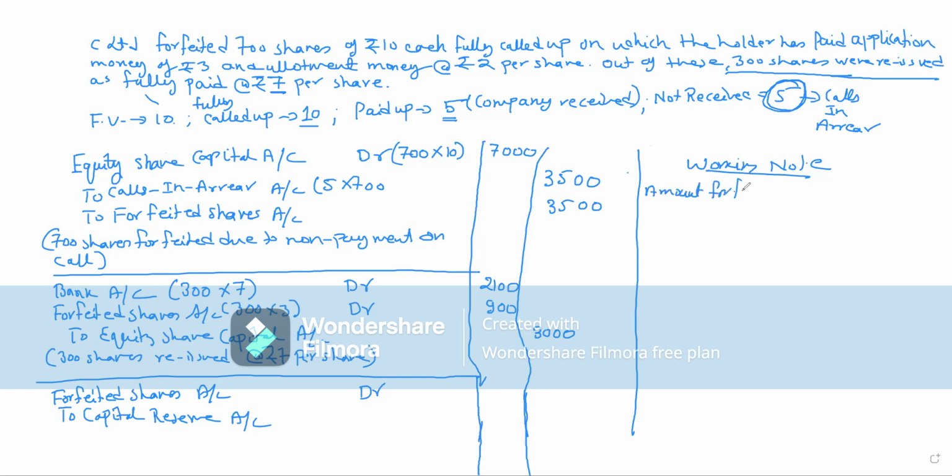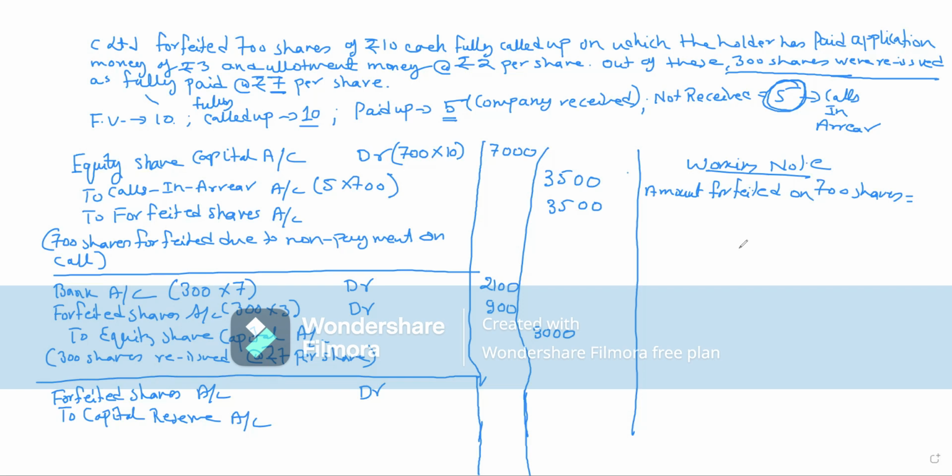Do you understand the meaning of the word amount forfeited? What does amount forfeited mean? The money the company will not return, the amount which will not be refunded back to the shareholder.